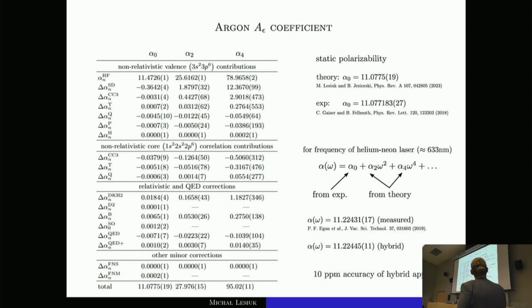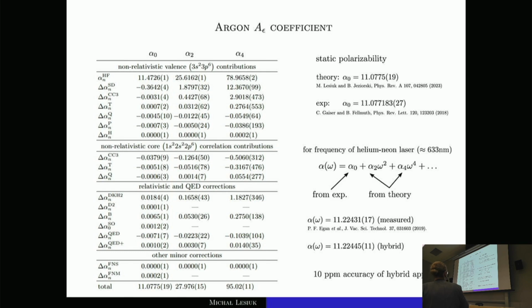If you take a look at the results for static polarizability, as I told you, you cannot get accuracy even comparable to experiment. It's 2 orders of magnitude more uncertainty in theory than in experiment. But if you just take from theory this alpha 2 and alpha 4, then you can do a hybrid approach.